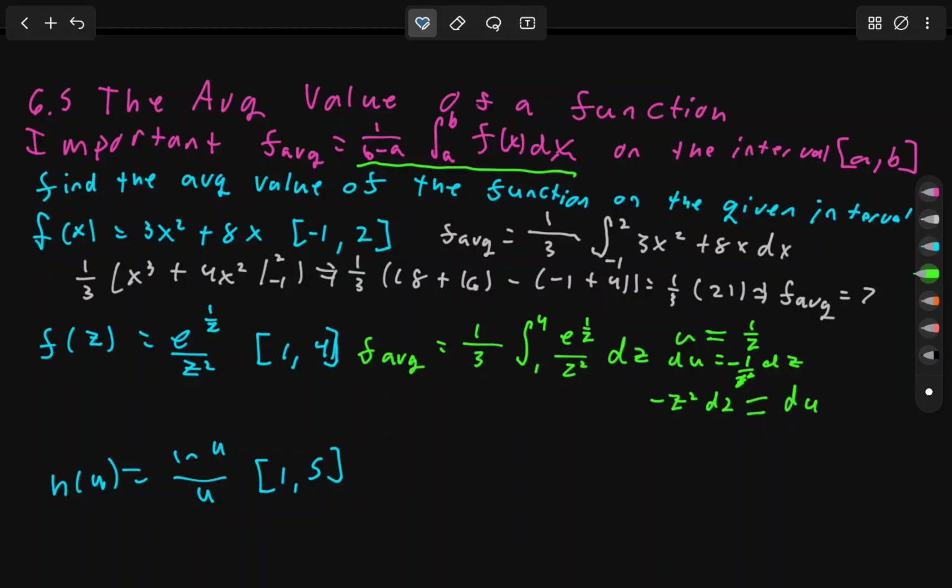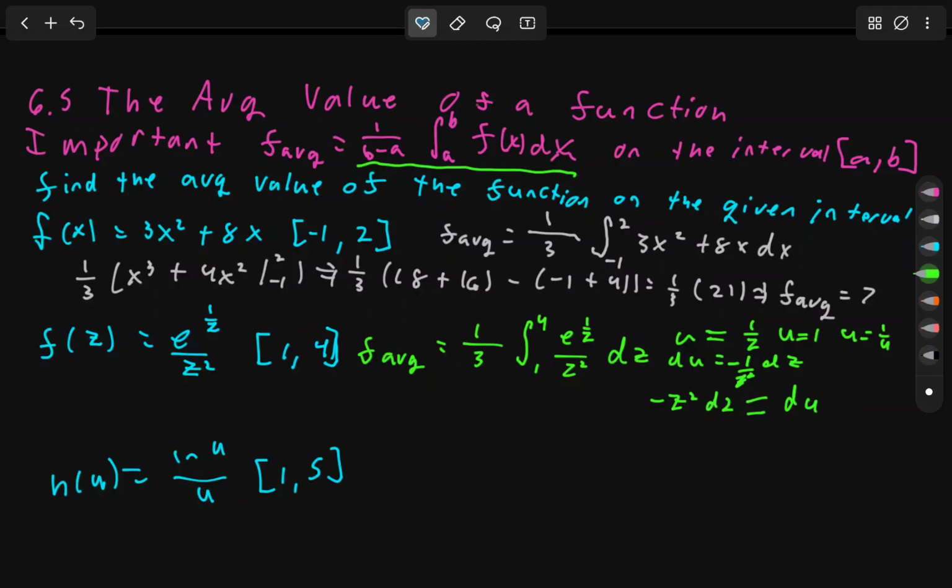So we get u evaluated at 1. That's going to just be 1. So plugging in 1, we get u is equal to 1, and then plugging in 4, we get u is equal to 1/4.